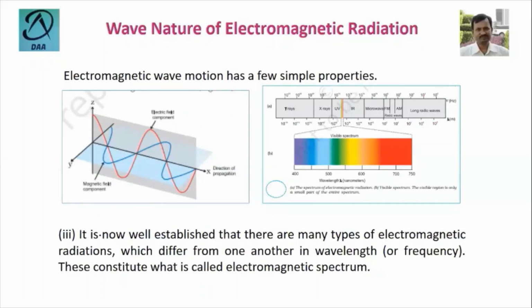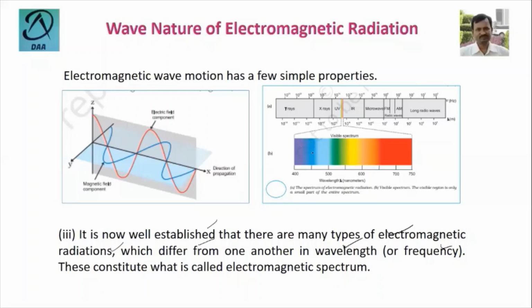It is now well established that there are many types of electromagnetic radiation. Electromagnetic waves and electromagnetic radiation are synonymous, and the different types differ from one another in respect of wavelength or frequency.